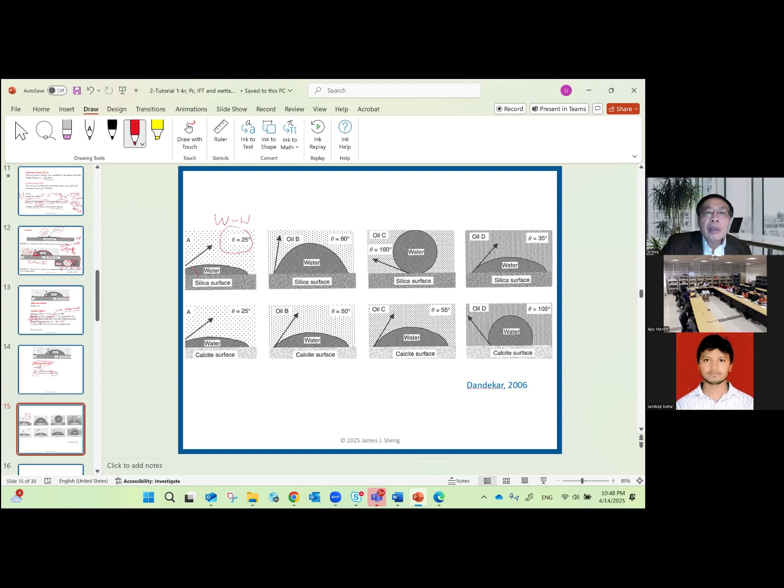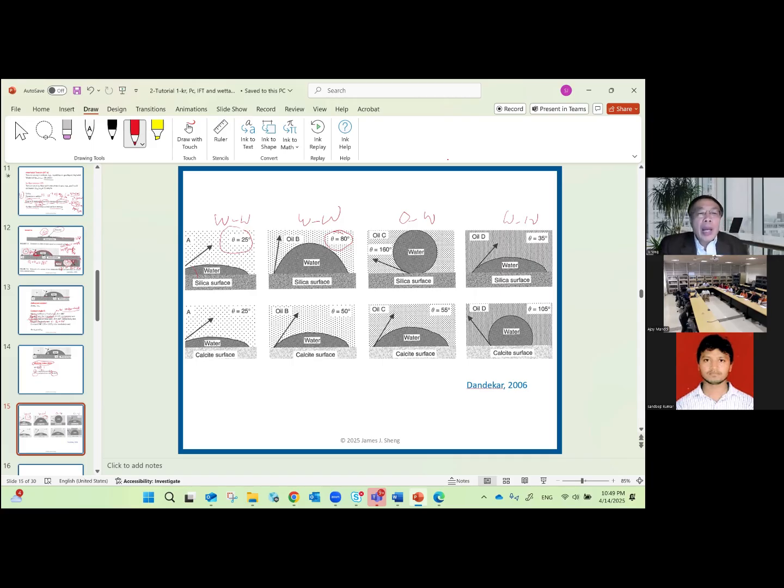And here, this one is 80 degrees, which is less than 90 degrees, so it is still water wet, but not as strong as case A. Now let's look at case C. This contact angle is 160, so it's greater than 90 degrees, therefore this is oil wet. And the last one, D, is 35 degrees, so this is water wet.